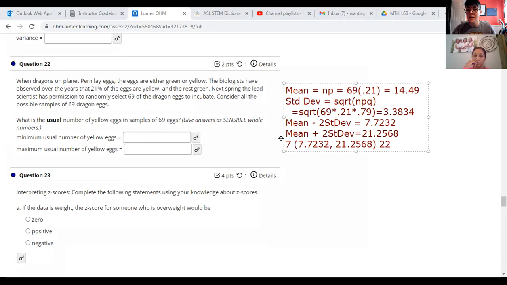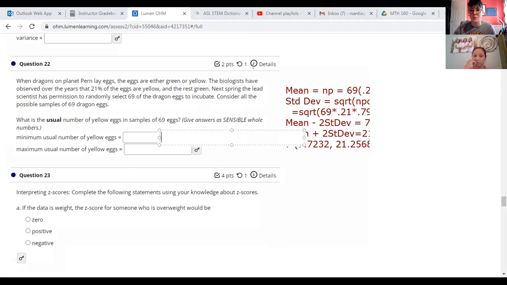So I'm not going to say 7 because 7 is outside of the range. I'm going to say that the minimum number of eggs is going to be 8 and the maximum number is going to be 21 because 7 is too low and 22 is too high. And there you have it.